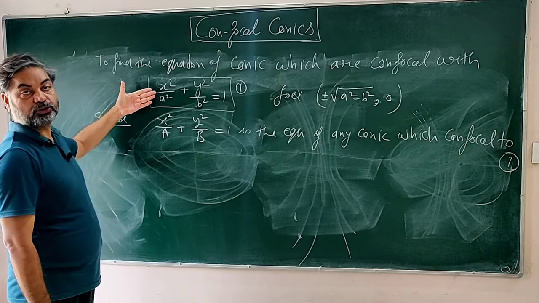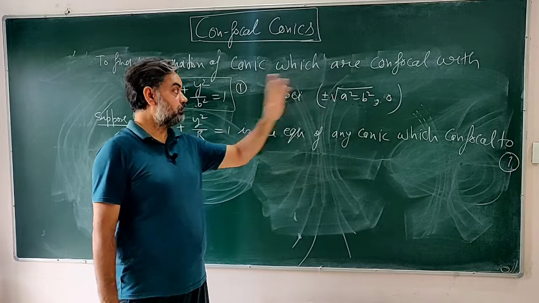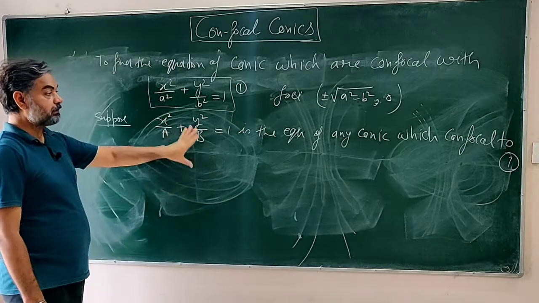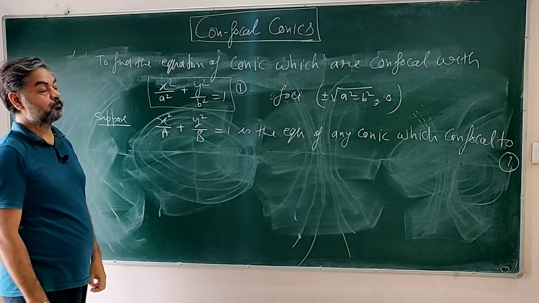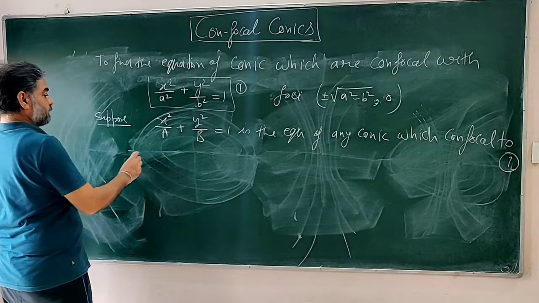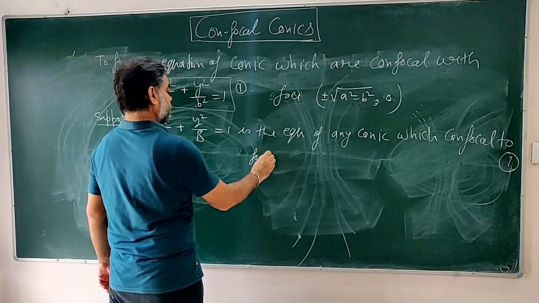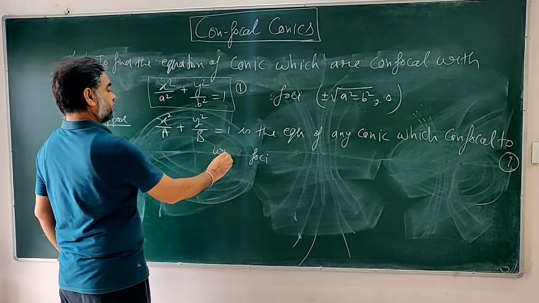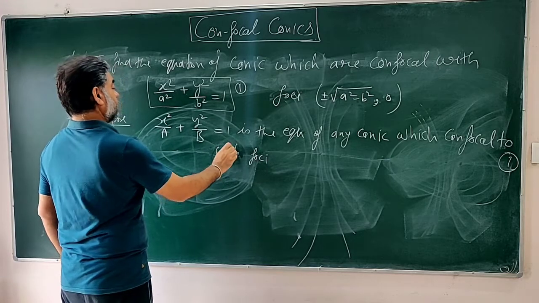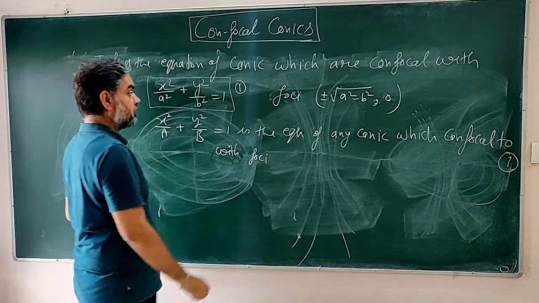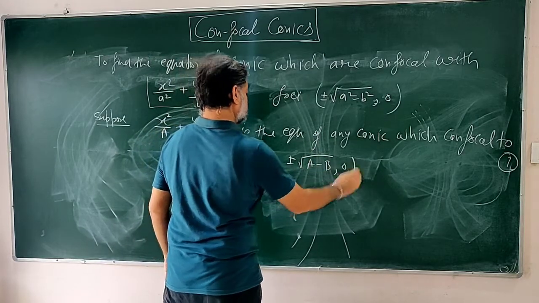So suppose this is the equation of the given conic, and the coordinates of its foci are these. Suppose this is the equation of any conic which is confocal to this conic, having the same center and same axis. Then the foci of this conic, similarly, you can write as plus minus square root of A minus B, 0.